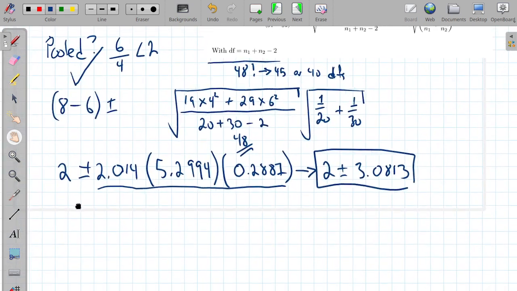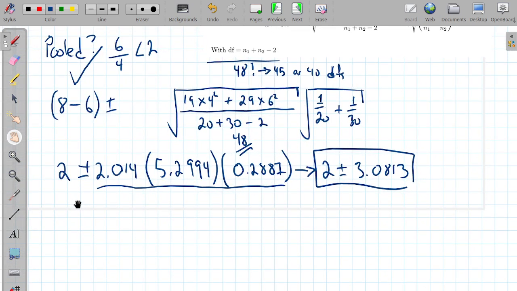99%. I grabbed the wrong number. Now, I'll grab the calculator to get that. 99% confidence is 0.005 in a tail. And we had 45 degrees of freedom.